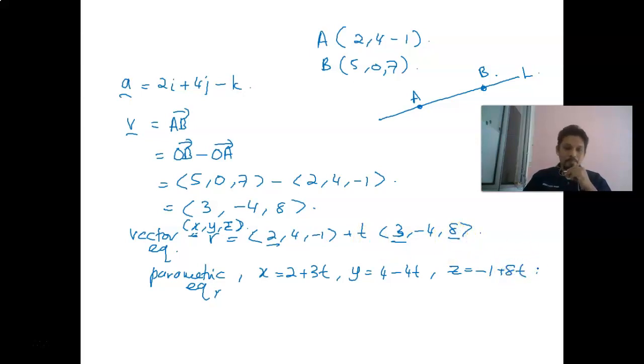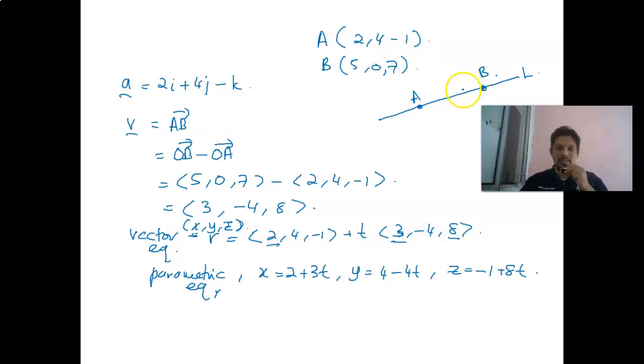Now, where does this straight line intersect the xy plane?